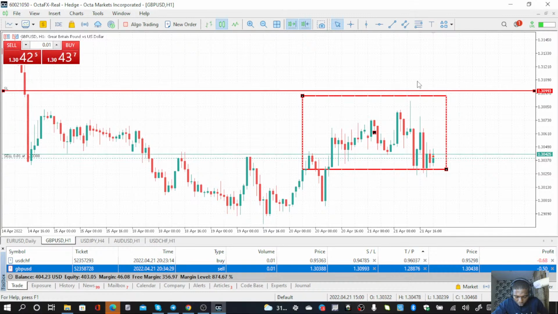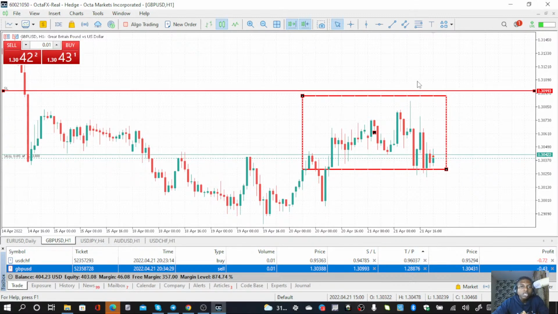Yes. So your risk to reward is not compulsory you use 1-to-1. It is preferable you use 1-to-2, which is you get twice the reward that you might lose.